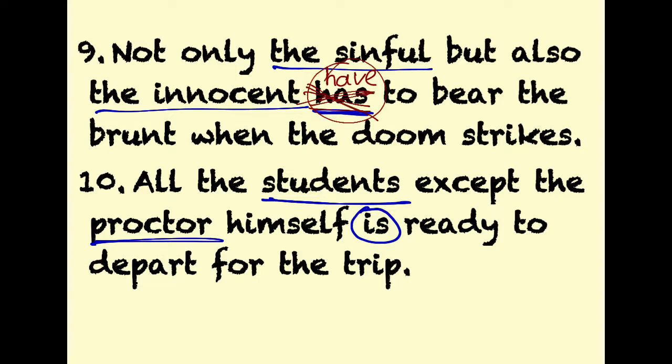Have is correct. All the students, plural, except the proctor, singular. The verb has to agree with the nearest one. Is, the nearest one, proctor, singular. The verb is singular, so it is a correct expression. There is no doubt about it. The sentence is grammatically acceptable and accurate.